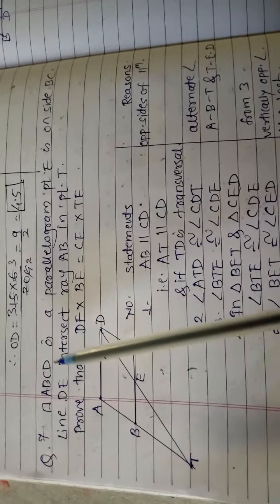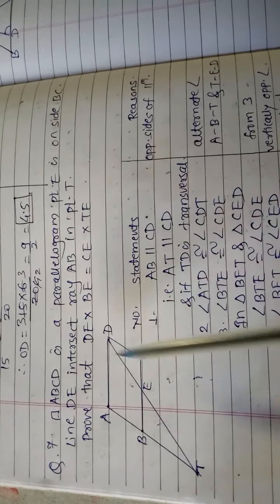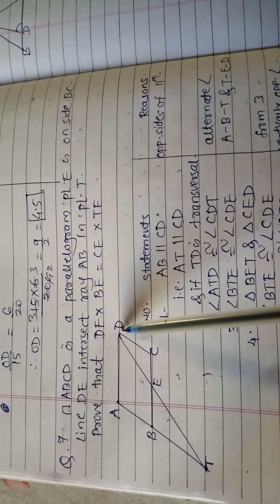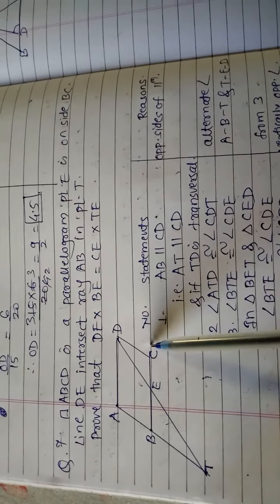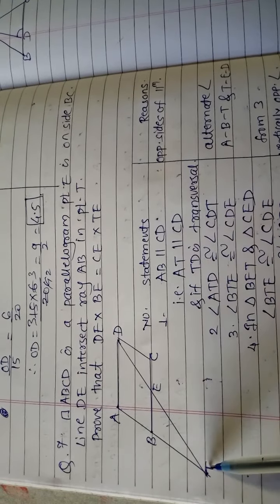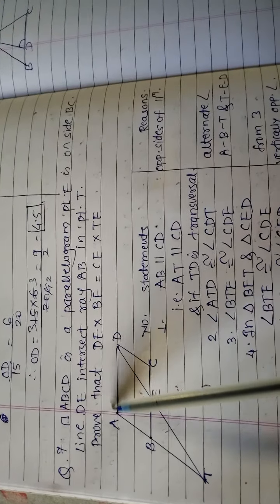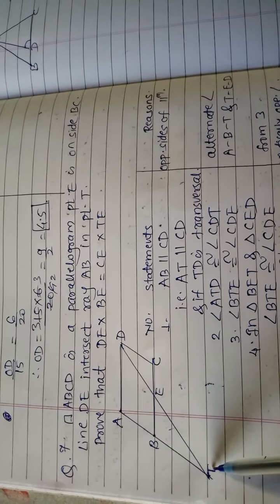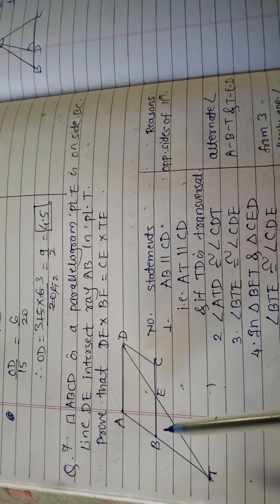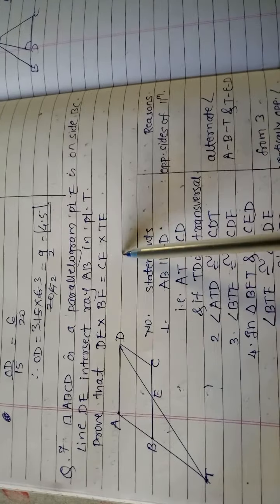Next, question number 7. Quadrilateral ABCD is a parallelogram, and point E is on the side BC. The line DE intersects the ray AB at point T. Then we have to prove that DE into BE is equal to CE into TE.